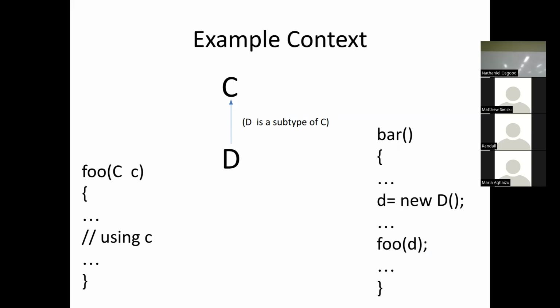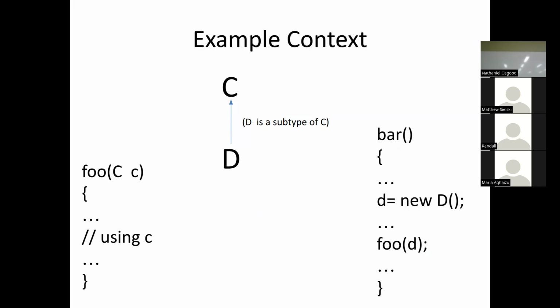Meaning that if we have code, for example, that takes in an object that adheres to type C, to the C interface, we call that its parent type, and we use it here.